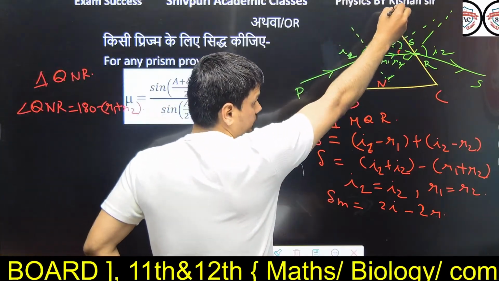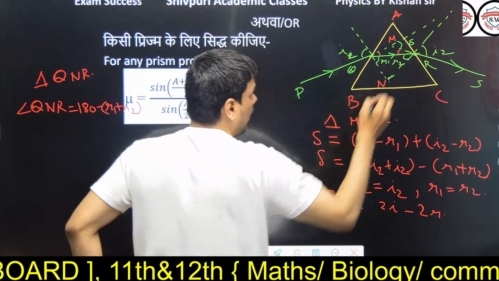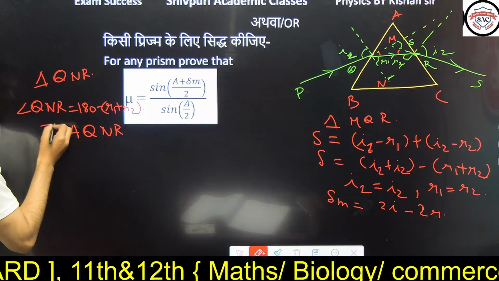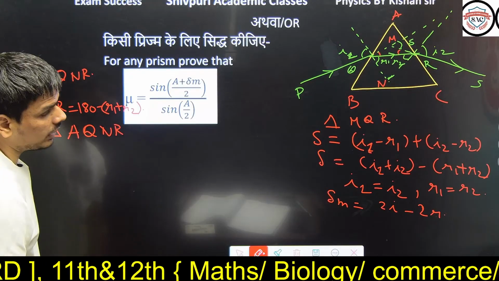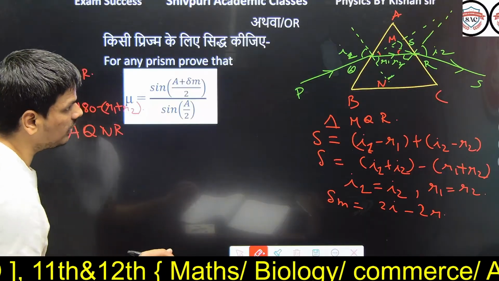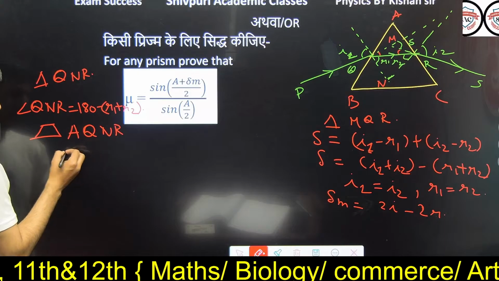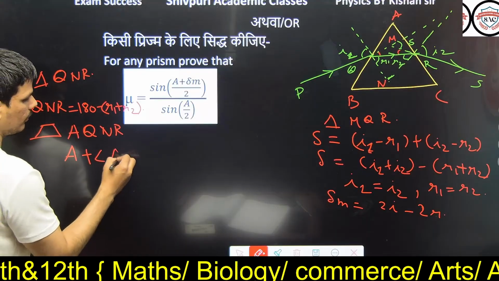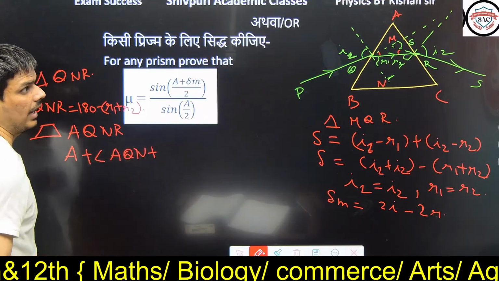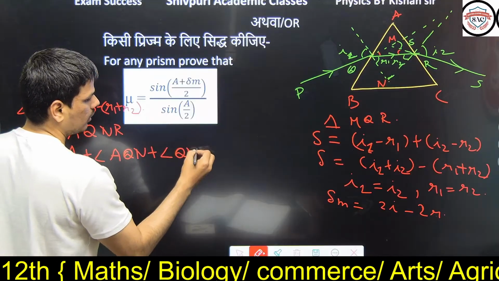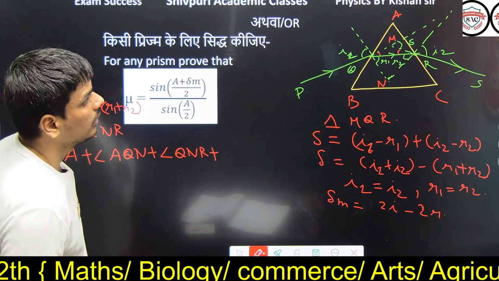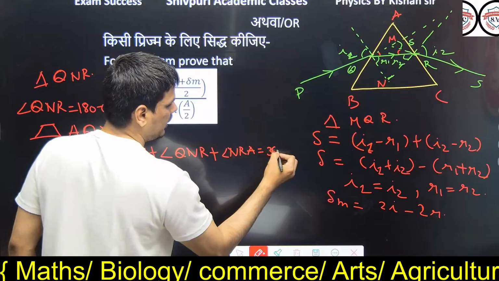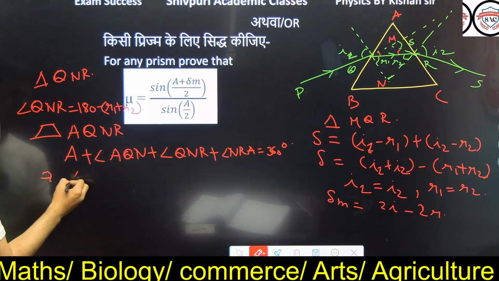Now comes the quadrilateral AQNR. The total sum of angles of a quadrilateral should be 360, so we are going to add our angles: angle A plus angle AQN plus angle QNR plus angle NRA equals 360 degrees.